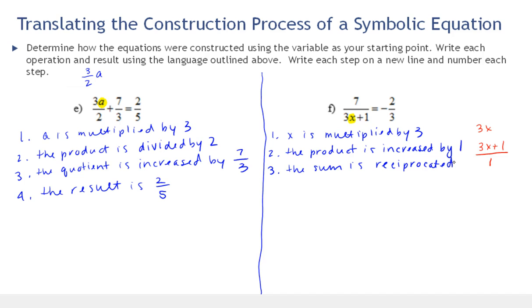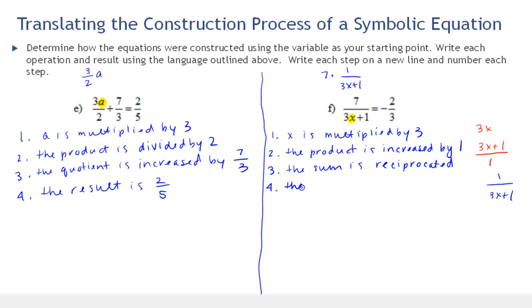Okay, so at this step we now have 1 over 3x plus 1. Okay, so this is a quotient. And here we're going to think of this as 7 times the reciprocal of 1 over 3x plus 1. So we need to get a 7 there. That's our next step. And I just wanted to show you why we can think of that as multiplying the reciprocal by 7.